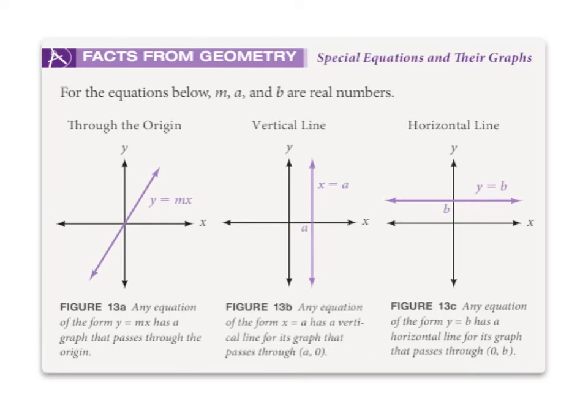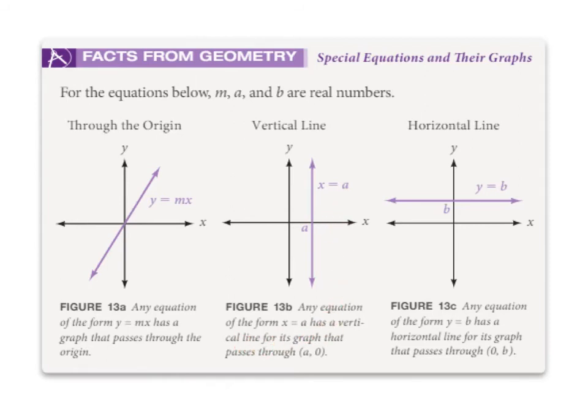So if we have an equation of the form y equals mx, we already discussed how that's going to have a point at the origin, and then its tilt is going to be decided by m, because (1, m) is going to be another point on the graph. So the special line y equals mx always goes through the origin. If we have a vertical line, it's always going to be x equals a.